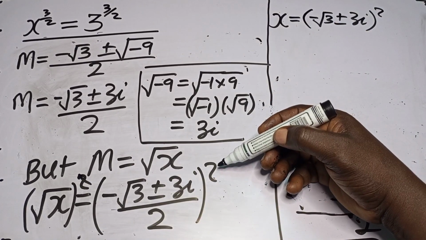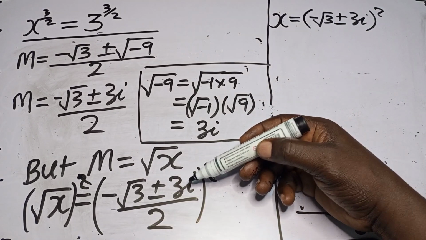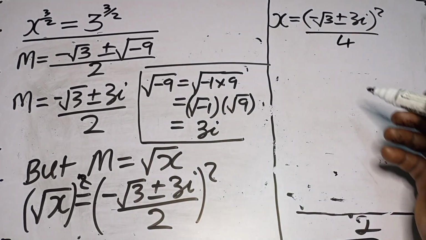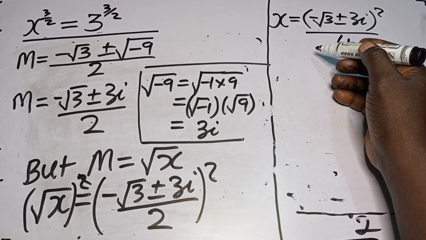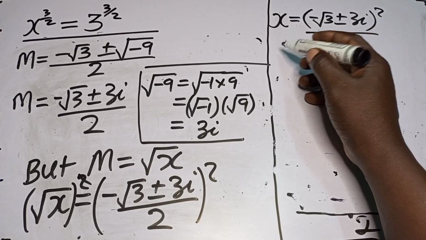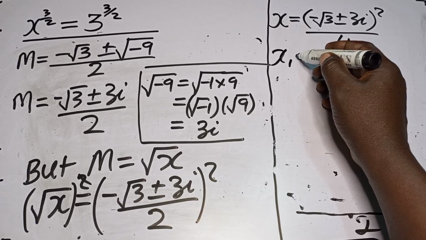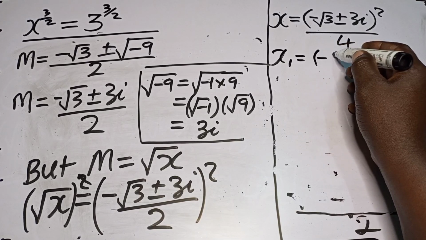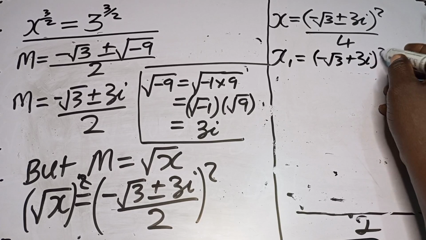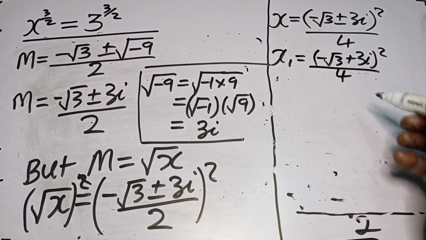Remember, the square will affect both the numerator and the denominator. So 2 squared is 4. So the first value of x will be negative root 3 plus 3i, squared, all over 4.